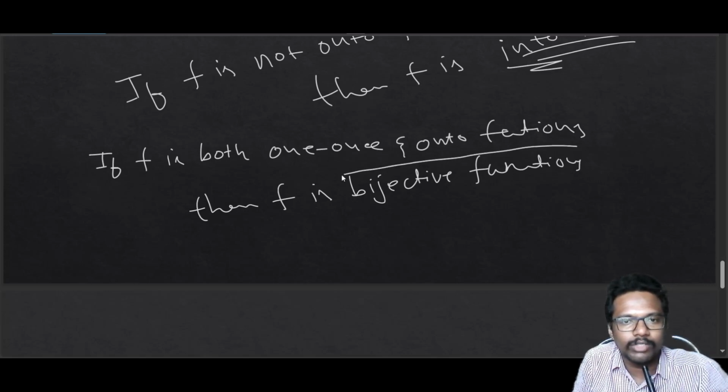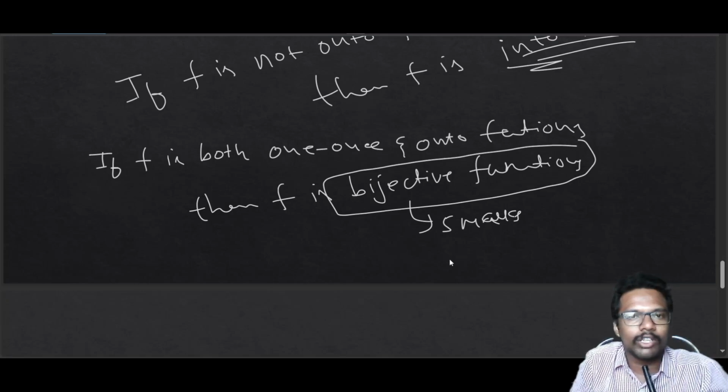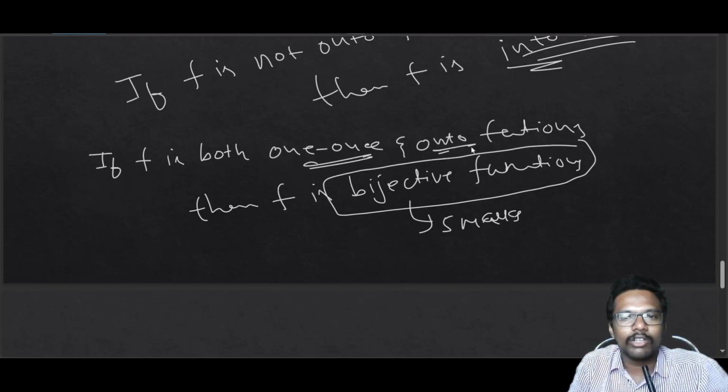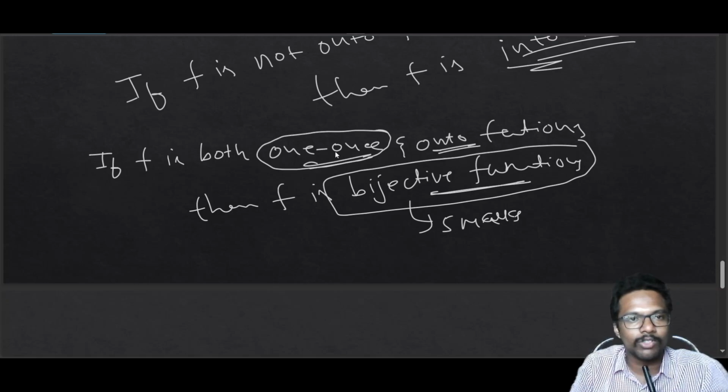From this there will be a question of 5 marks. So in the next video I am going to explain how to solve the 5 marks question using this type of functions. But you have to remember, if a function satisfies both 1-1 and onto, then we name it a bijective function. 1-1 has another name you have to remember also. Sometimes they confuse with that name.